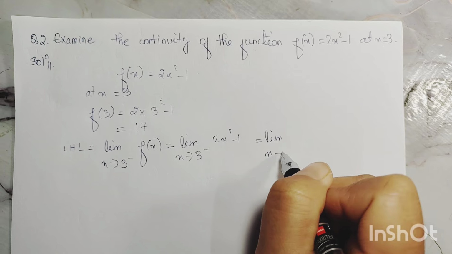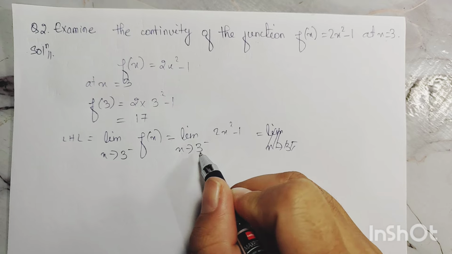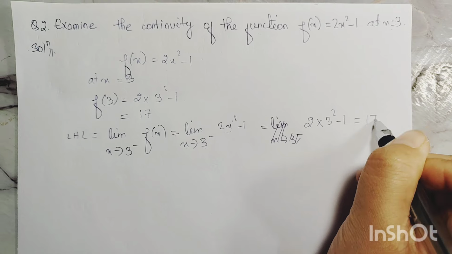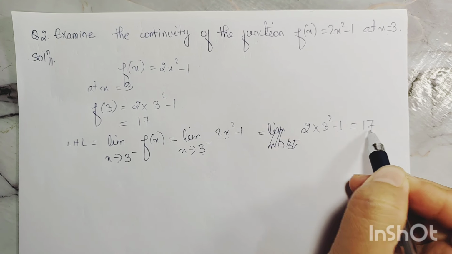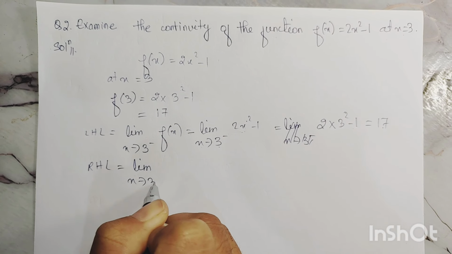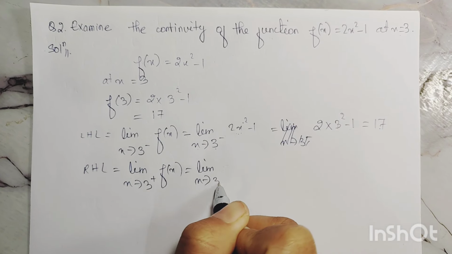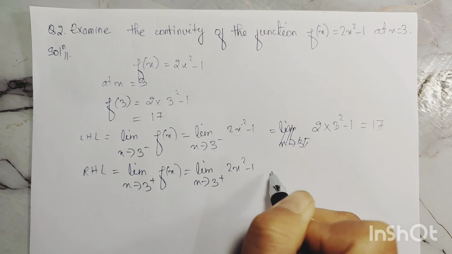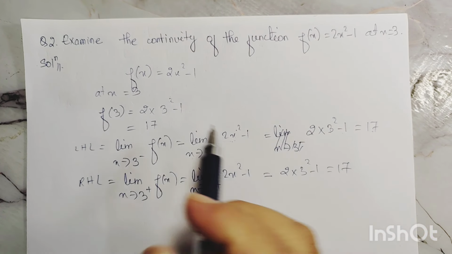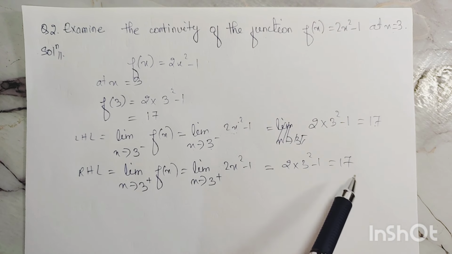Putting the value 3, we get 2 into 3 square minus 1, which is 17. The right hand limit equals limit of x tending to 3 plus f of x equals limit of x tending to 3 plus 2x square minus 1 equals 2 into 3 square minus 1, which is 17. So f of 3 is 17, the left hand limit is 17, and the right hand limit is 17.